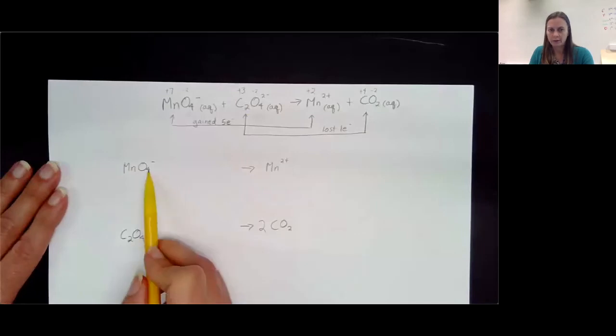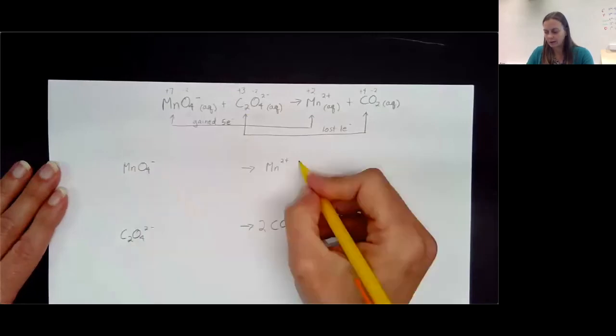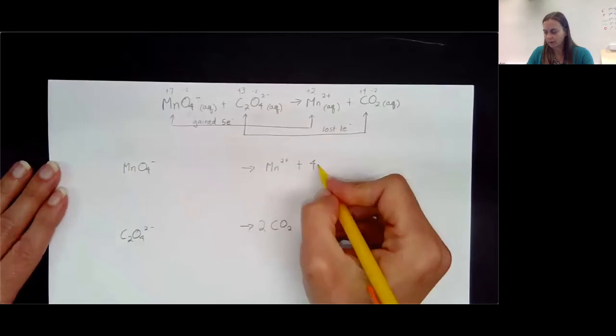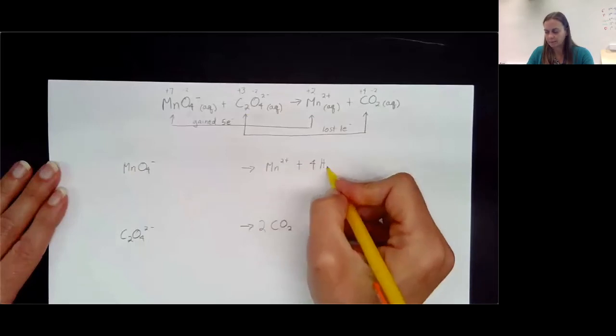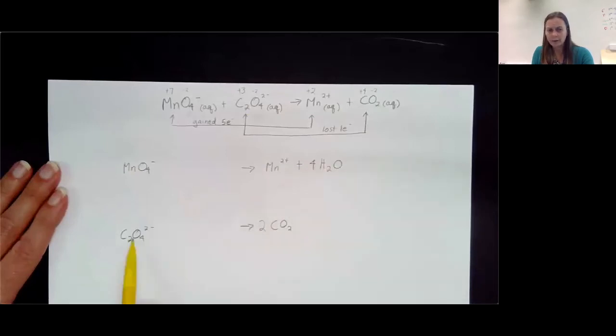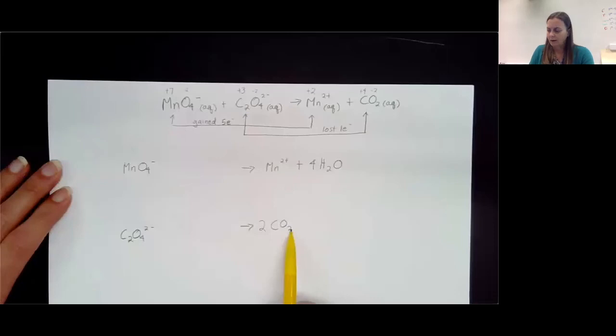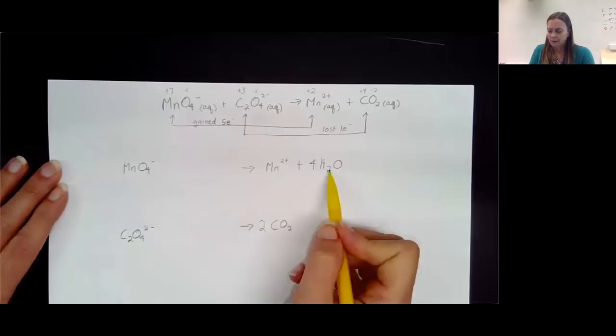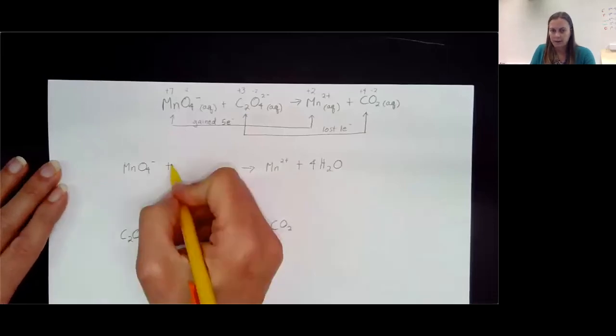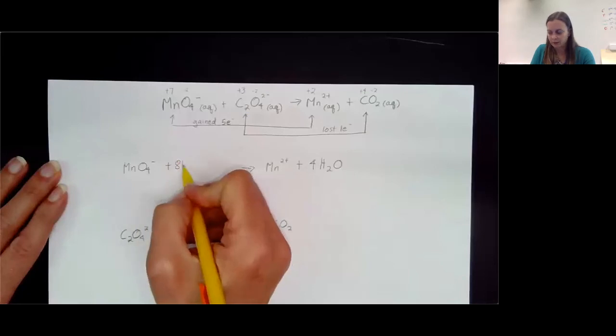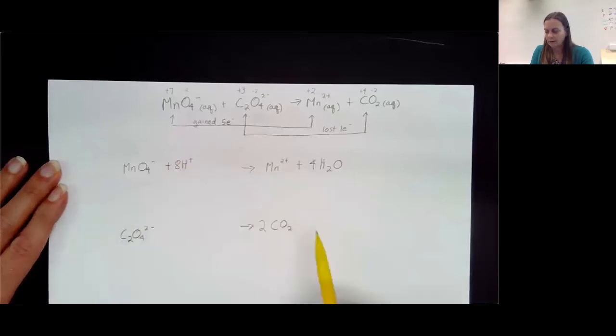I have 4 oxygens on this side, so I'm going to add 4 water on the right side. I have 4 oxygens here, and I have 4 oxygens here, so I don't need to do any more balancing here. I have 8 hydrogens, so I'm going to add 8 hydrogen ions on this side. Now, all of my atoms are balanced here. All of my atoms are balanced here.